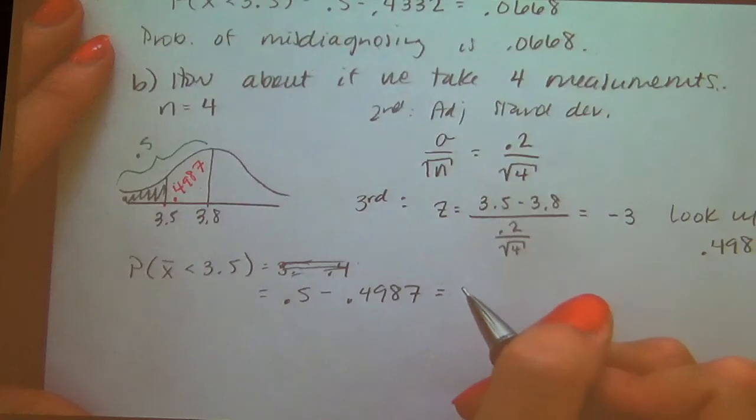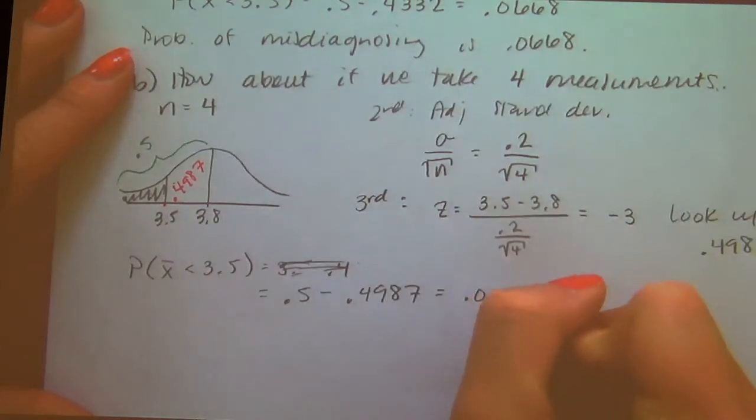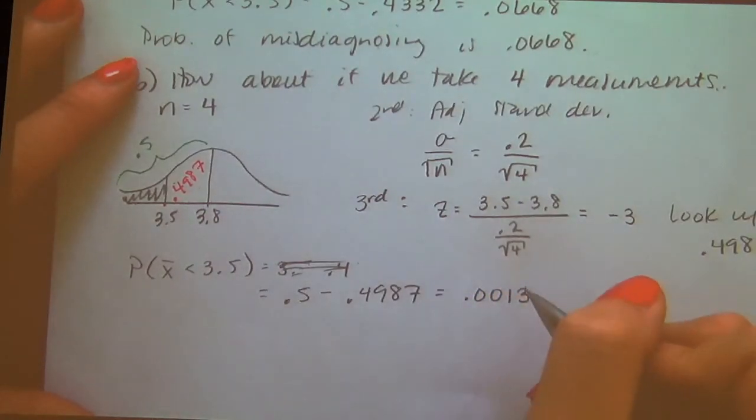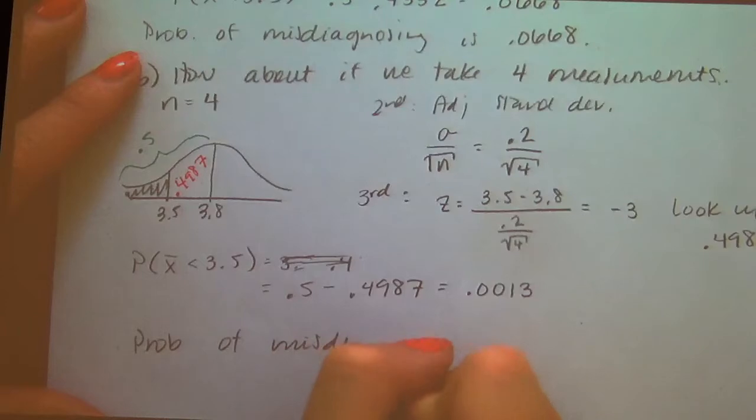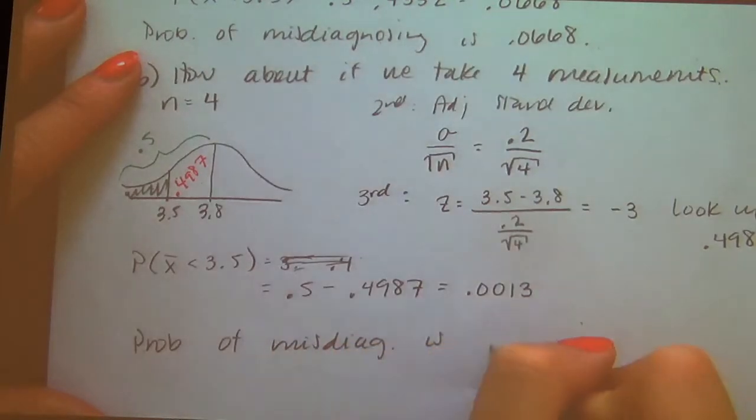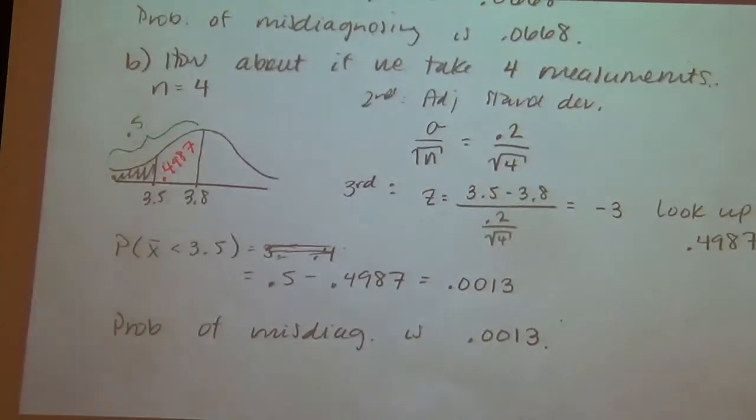Okay, and that's going to give me 0.0013. Okay, so what this tells us is the probability of misdiagnosing is 0.0013.